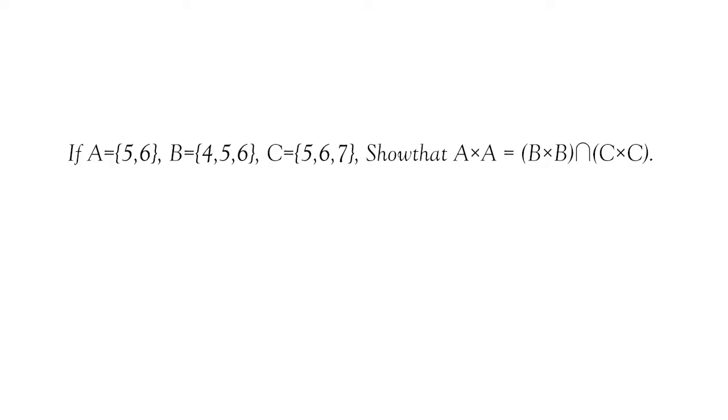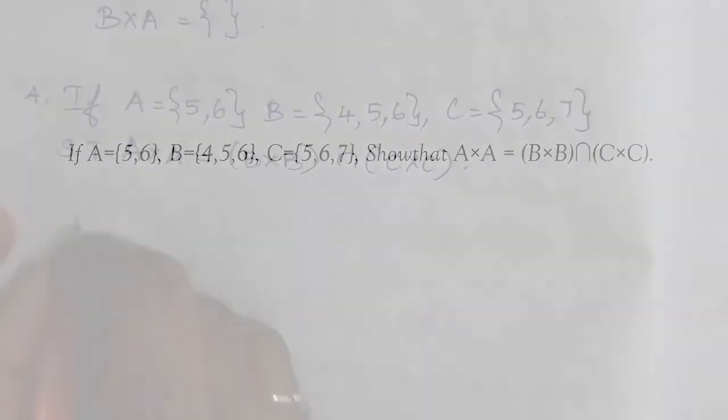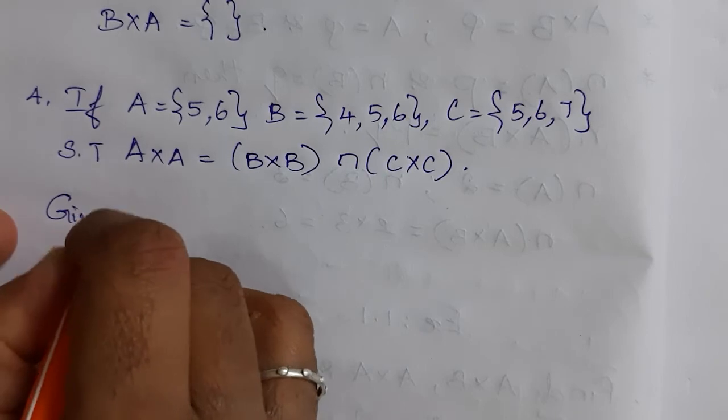Fourth sum, if A is equal to 5 comma 6, B is equal to 4 comma 5 comma 6, C is equal to 5 comma 6 comma 7, show that A cross A is equal to B cross B intersection C cross C. So here the given information is 3 sets.